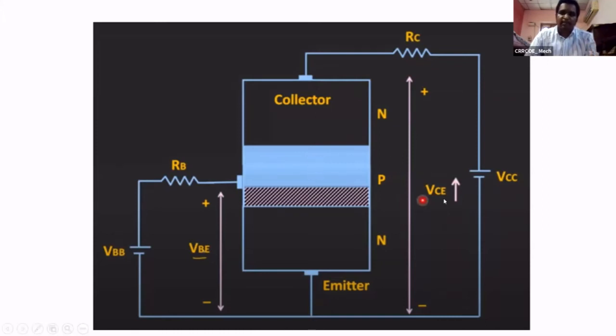If you increase the output voltage, the depletion region increases and penetrates towards the base, so the base width decreases further. The base region is generally narrow, and because of the increase in output voltage, the base becomes narrower than before.